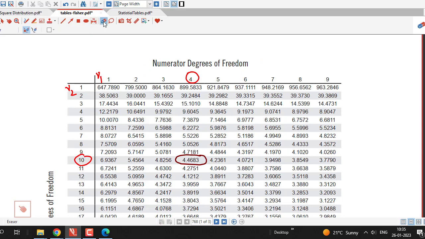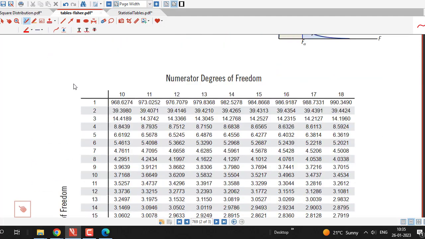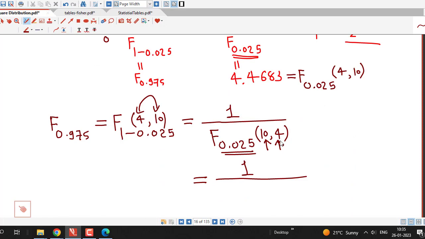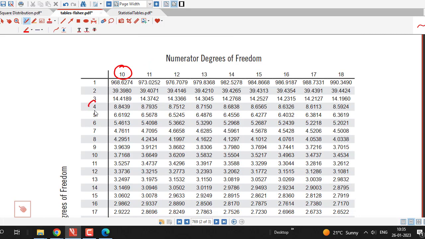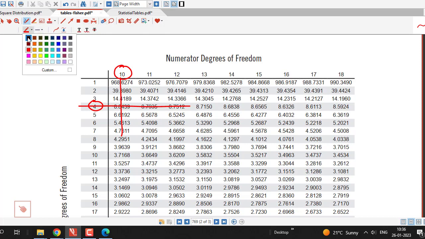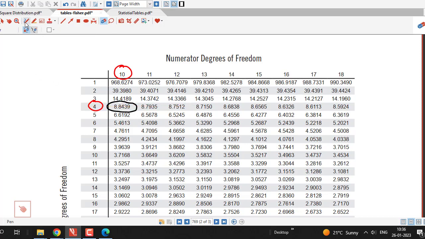So now I have to search for numerator degrees of freedom equal to 10, and the denominator degrees of freedom 4. I take the intersecting point of lines corresponding to nu1 equal to 10 and nu2 equal to 4, and it is 8.8439.